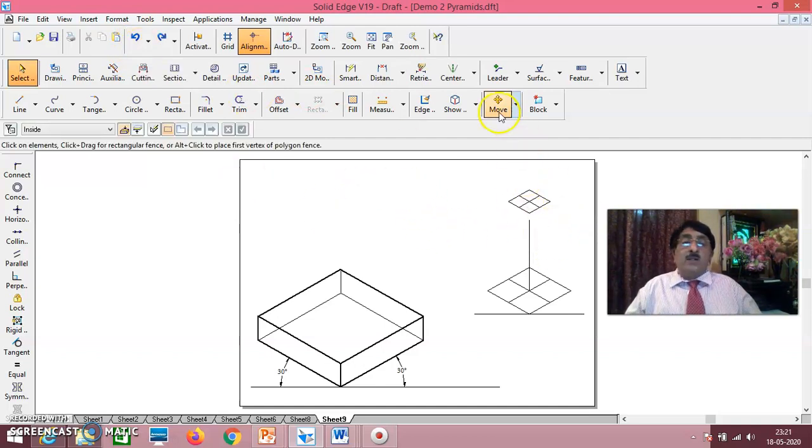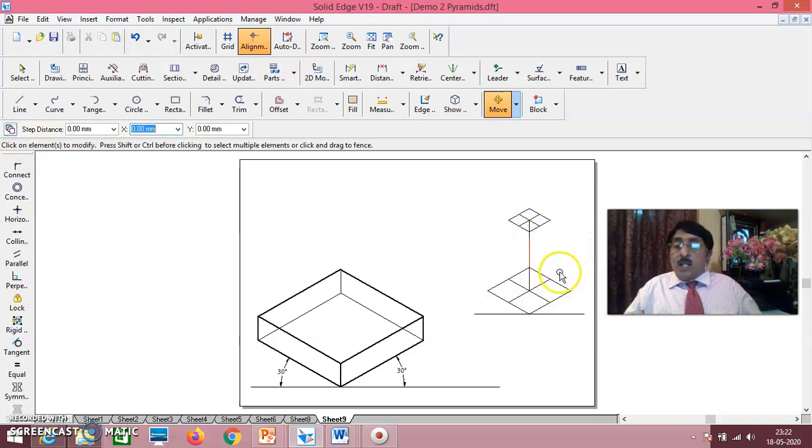What I'll do now, I'll move this with respect to, I don't want copy here. I'll remove this copy. I'll take the center of this and I'll take it to this. Now you got it. Now you know very well. This is a frustum of a square pyramid, apex portion removed, top square 20, bottom square 40, height is 60.